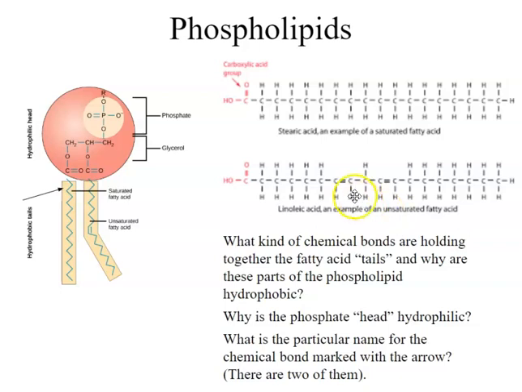Unsaturated fatty acids contain some carbon-carbon double covalent bonds, and where carbon-carbons have double covalent bonds, they're going to be bonded to fewer hydrogens because each carbon has a valence of 4. Therefore, it can form 4 covalent bonds with something else.